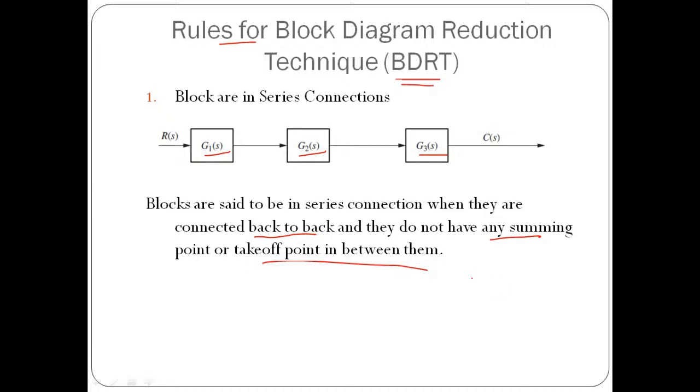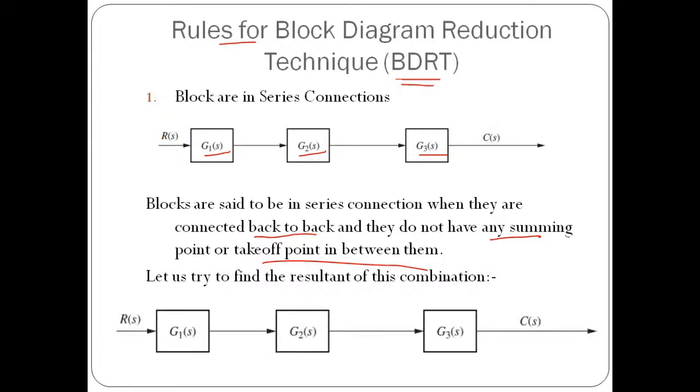Now how do we find their equivalent gain? We need to find the output at the intermediate stages. For example, the output of the first block is the input multiplied by the gain. Here the input is R(s) and the gain of the first block is G1(s).